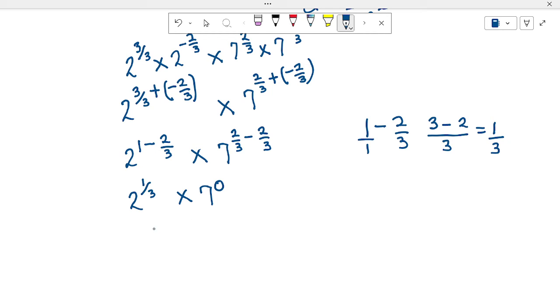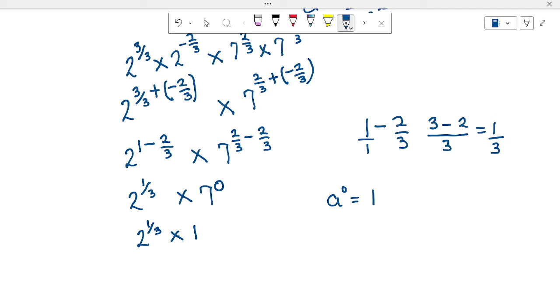Therefore, there is a law that states that a raised to power 0 is, can somebody tell me what it is? You can go through your notes. 1. You're correct. Therefore, 7 raised to power 0 will be 1. So we have 2 raised to power 1 all over 3 times 1.